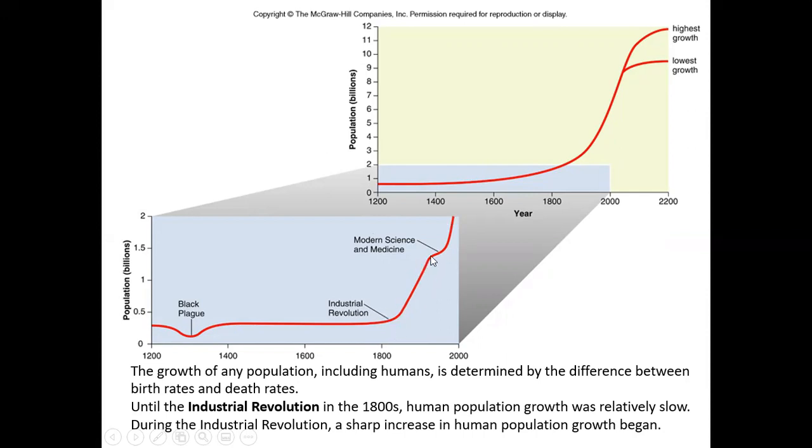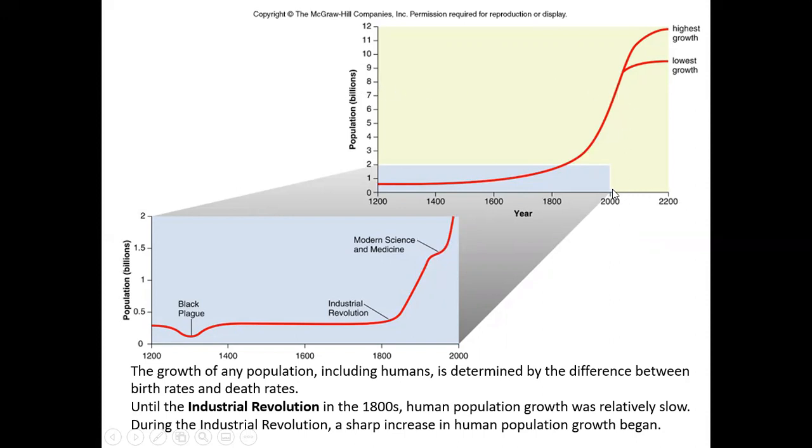But then you're starting to get to a point here where you start to decelerate, but then along comes modern science and medicine, and we are able to increase the number of individuals that can survive on the earth even more. And so, right now, estimates say there's about 7.5 billion people on the earth.